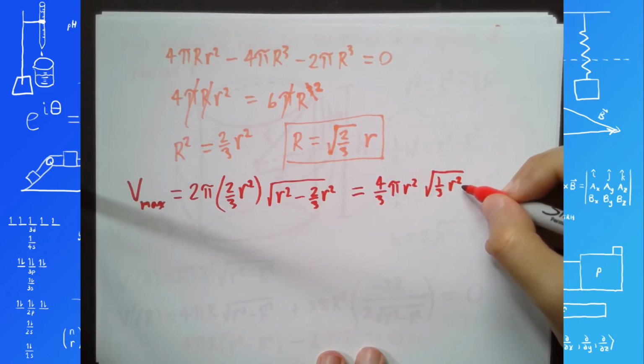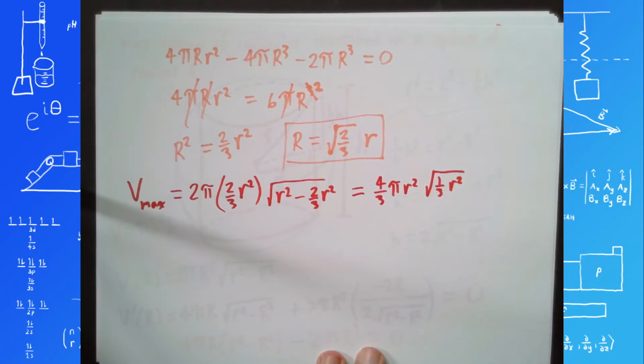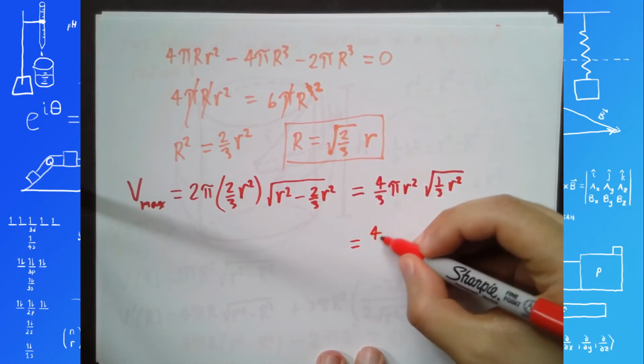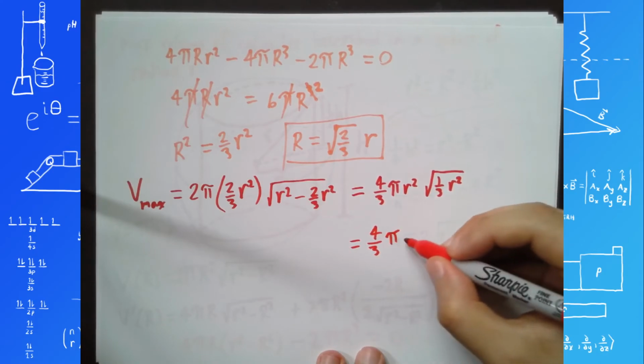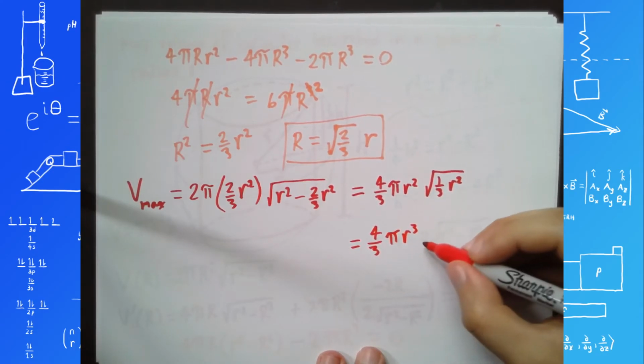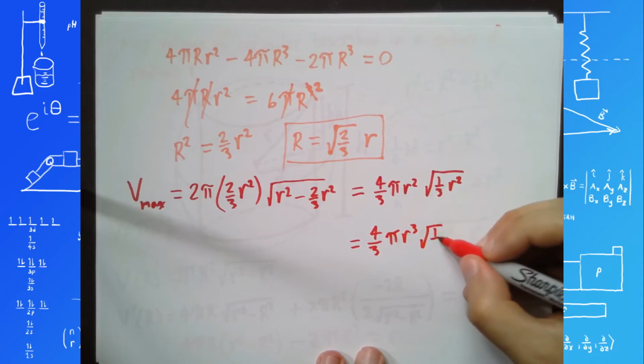If I grab the r squared out of the square root, that's just going to give me an r. So that's going to be 4/3 pi little r cubed times the square root of 1/3.